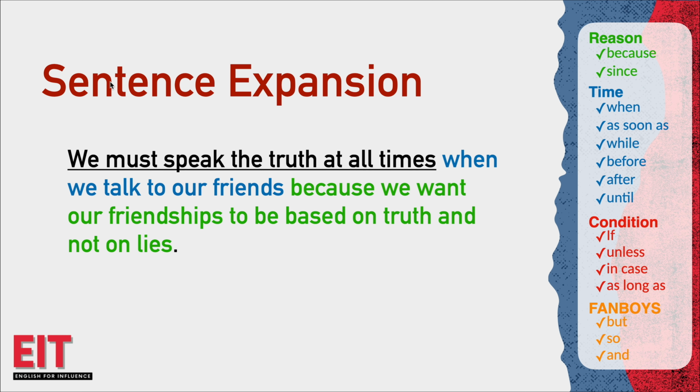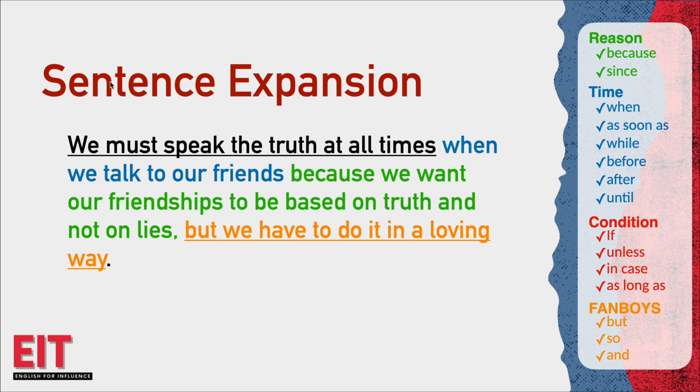Look at this. So we must speak the truth at all times, but we have to do it in a loving way. So you can see that when we add another independent clause through fanboys, we have to connect it to the independent clause, not to the dependent clauses. How do you check that? Try to remove the dependent clauses and see if your sentence, we only have one, still makes sense.